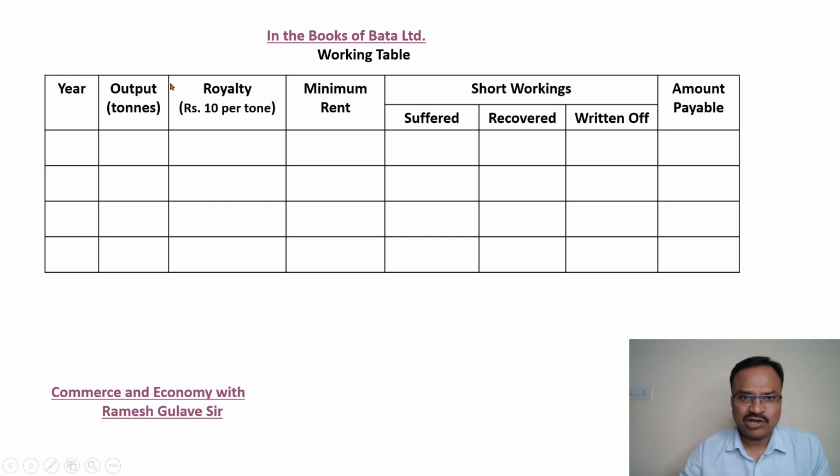Okay, it has 8 columns. First column is related to the year, second is related to the output of coal, third is related to the royalty or amount of royalty payable, fourth is related to the minimum rent. Next, fifth column is related to the short working suffered, sixth is related to the short working recovered, seventh is related to the short working written off, and last column is related to the amount payable.